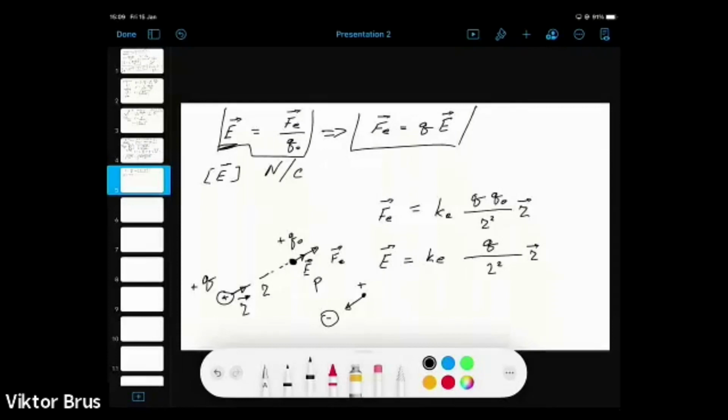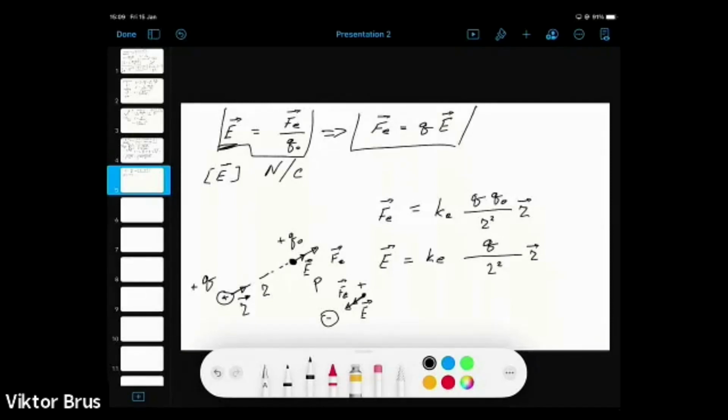According to the definition, so this is our electric force vector, the electric field vector will now also be directed in the opposite direction and will be aligned towards the source charge.